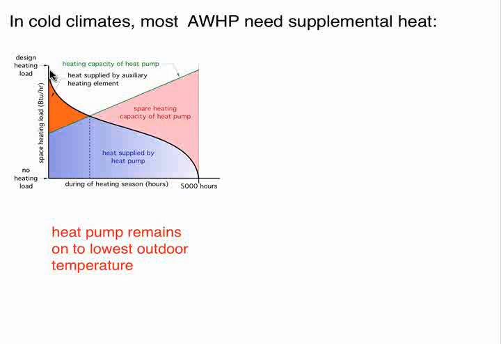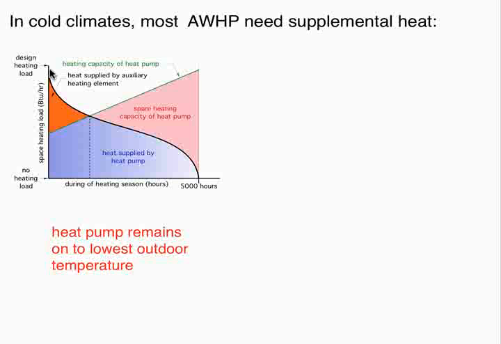It shows the number of hours in a year when the space heating load is at or above a certain percentage of design load. Here's design load conditions up here. You can see the number of hours in a year, and this graph is pretty coarse. It goes from 0 to 5,000 hours.